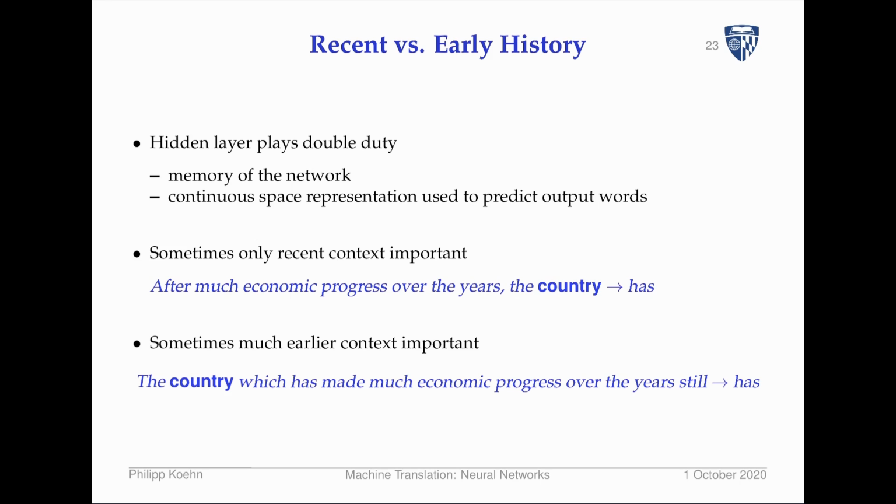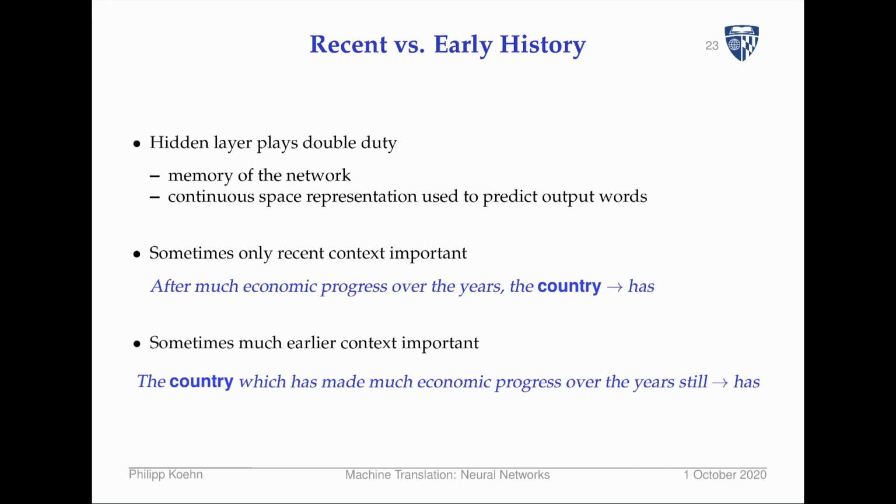There is a problem with this architecture, which is that the hidden layer plays a double duty. First of all, it's the memory of the network. So theoretically, it encodes all the previous words that were seen. But then also it's a continuous space representation that is used to predict output words. And sometimes only recent context is really important.